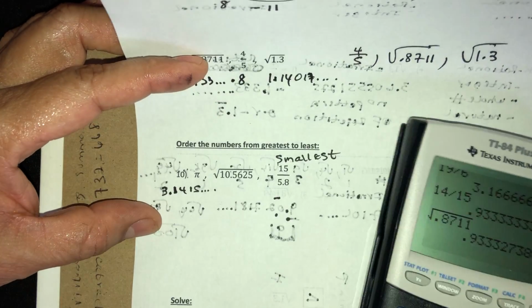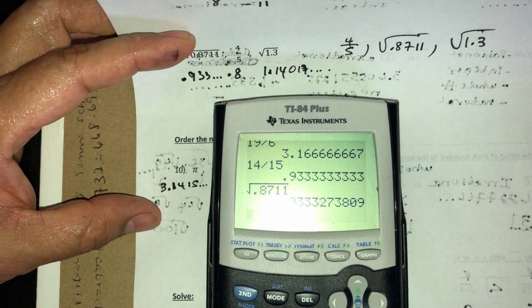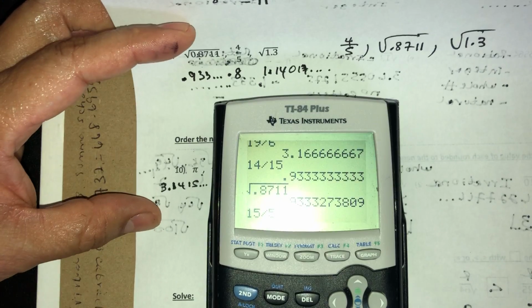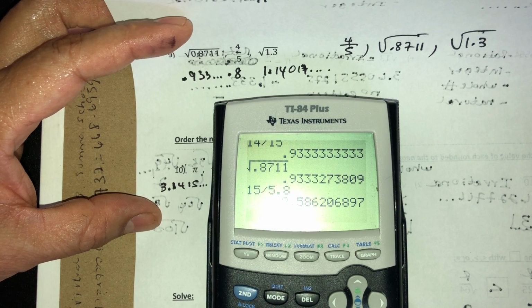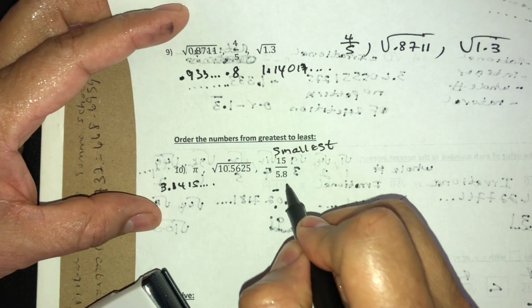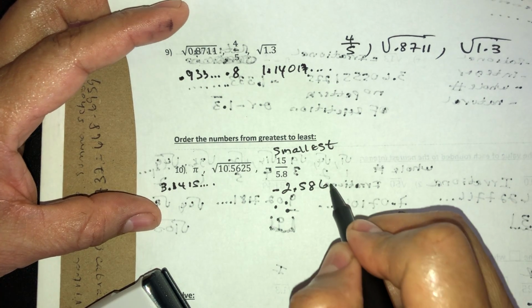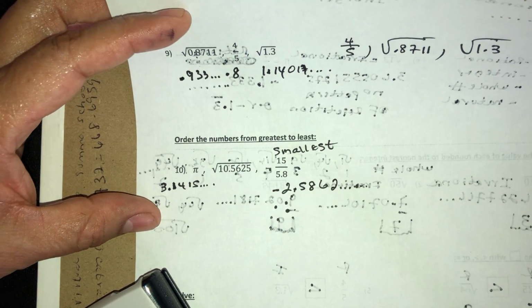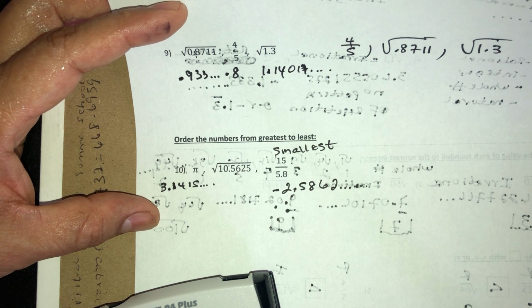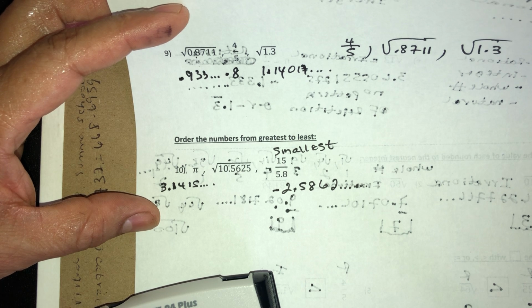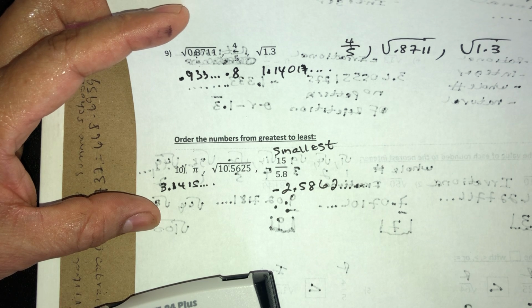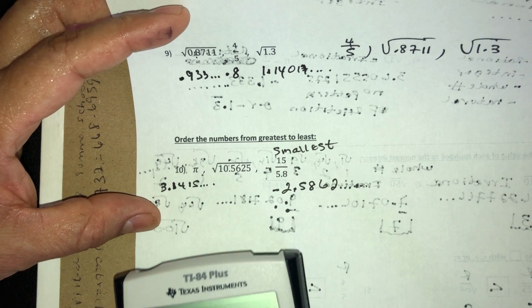But if you're not sure, if you divide 15 by 5.8, you'll get negative 5.862, and that goes on forever, because I know that's supposed to be a rational number. 5.86206.897, the pattern is going to start repeating somewhere here.